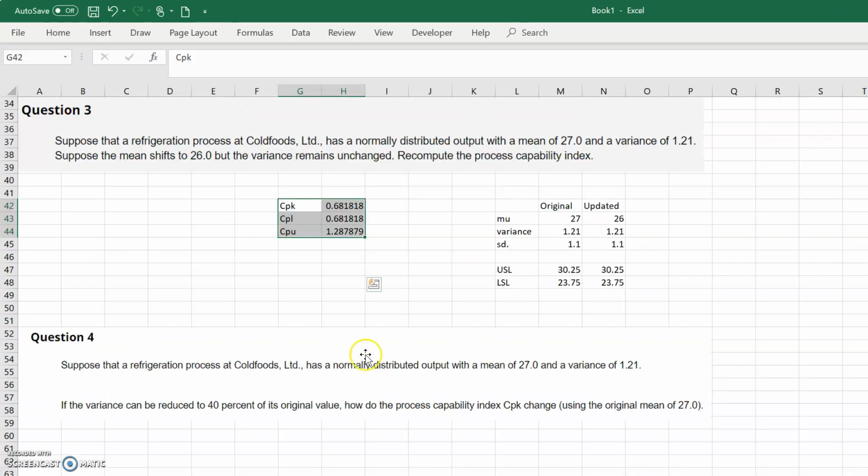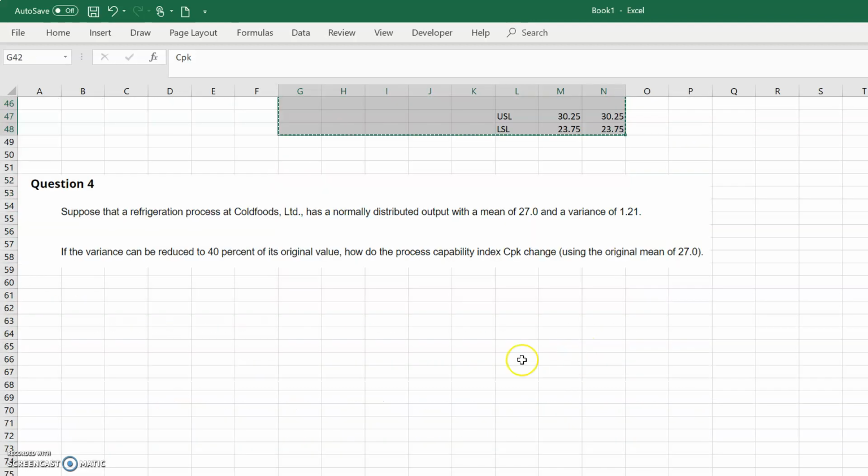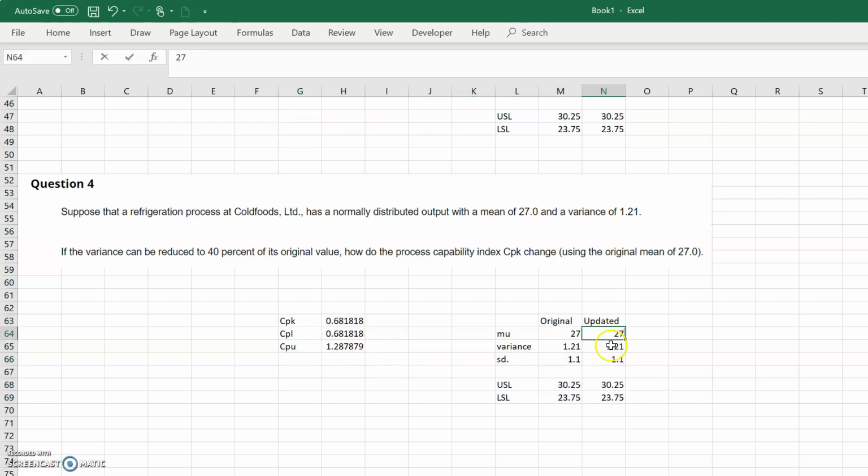So question number 4. For the convenience, I'm going to copy everything down here. This time let's put the average back to 27. The variance has changed to 0.4. The specs are intact.